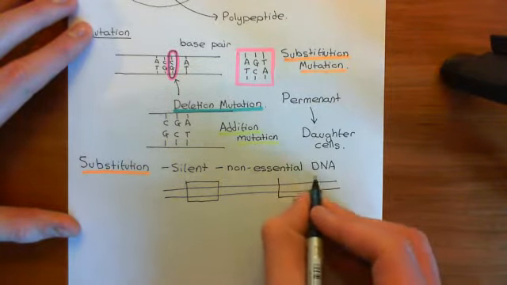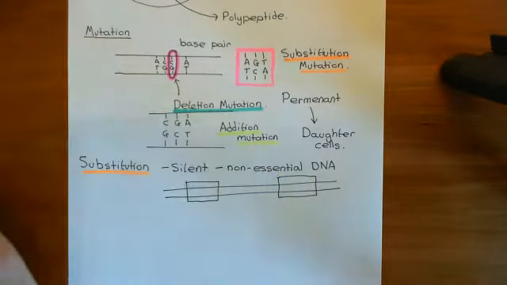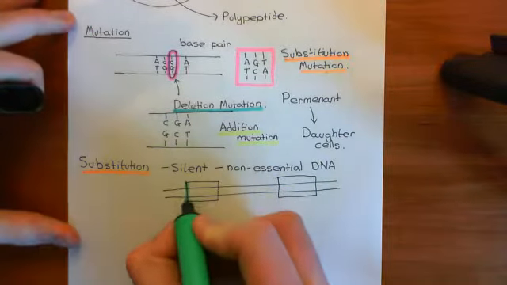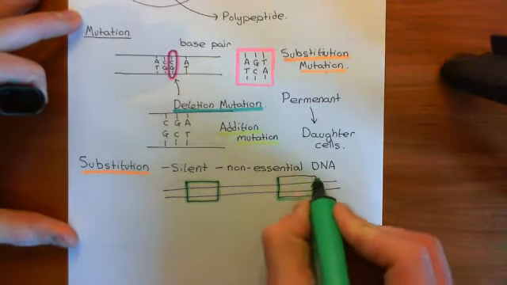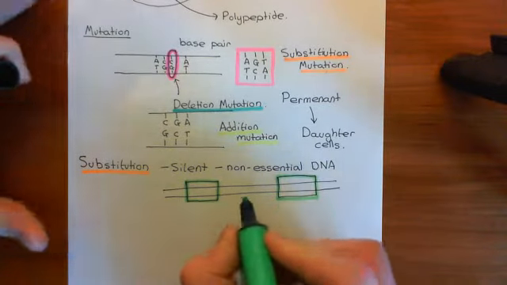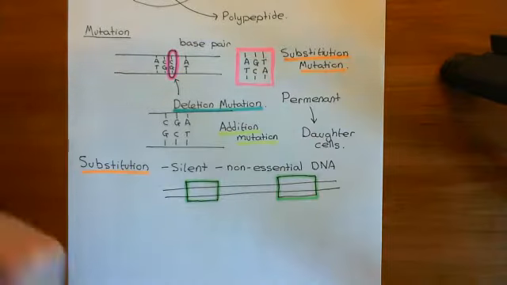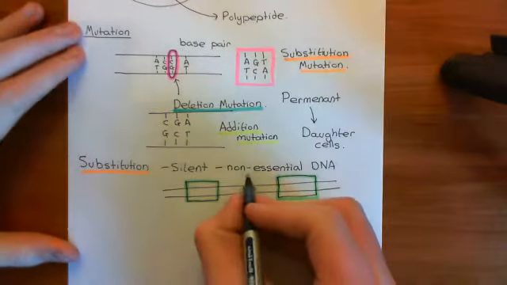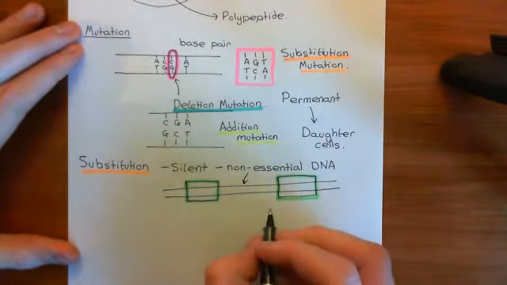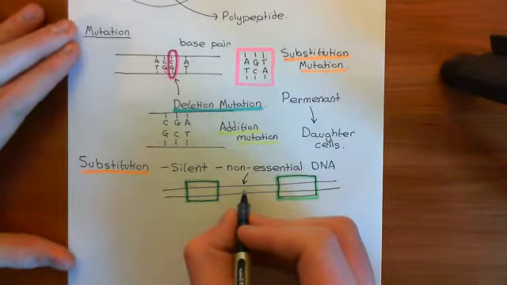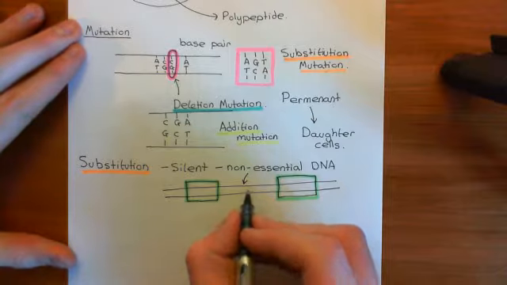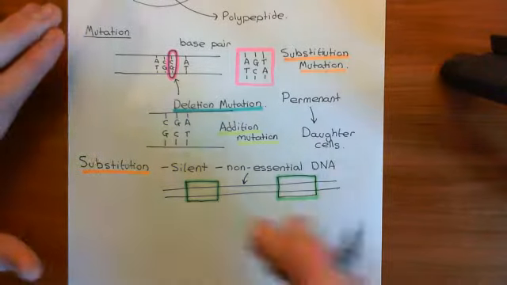Okay, so these portions that I'm outlining here, these are going to represent genes. Let's colour them in. So here's a gene in green here, here's another gene here, and then there's portions in the middle which are not actually used to produce protein. Okay, this will be a non-essential piece of DNA. If you change a base pair here, it's unlikely to have any effect, basically. That's what I mean by a non-essential piece of DNA.